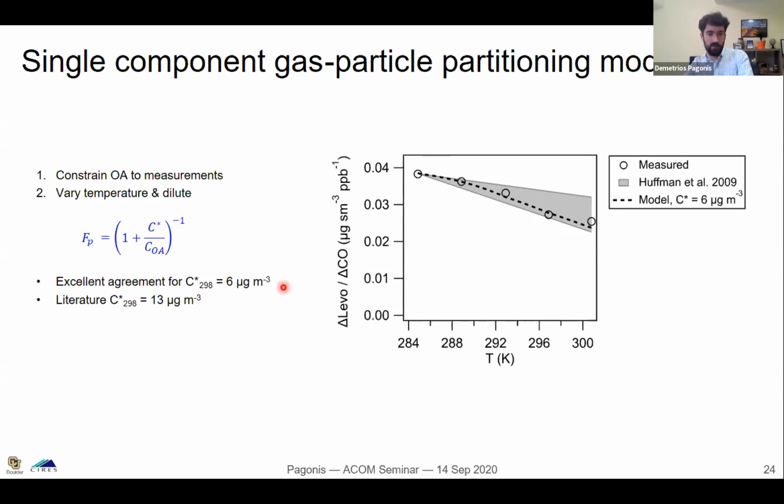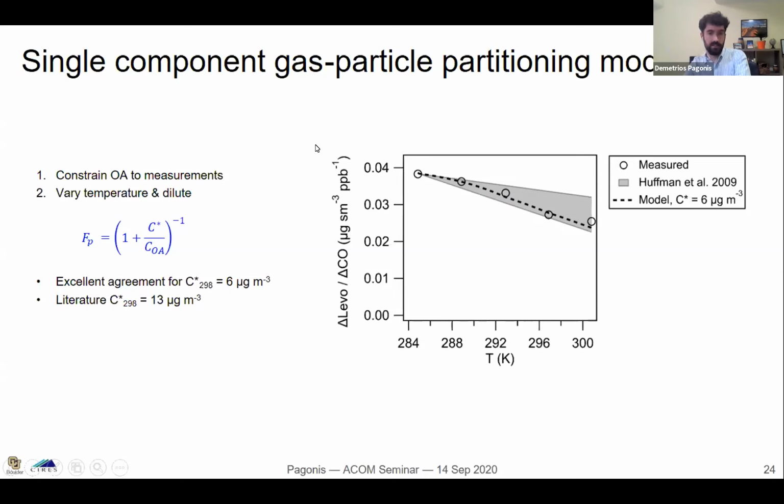And so this is a factor of 2 off, but if you've worked with measuring or estimating vapor pressures, you likely appreciate that that's very good agreement, since this is a model of idealized gas particle partitioning. Right, that's neglecting things like activity coefficients. And so we're really quite happy with the agreement we're getting here.